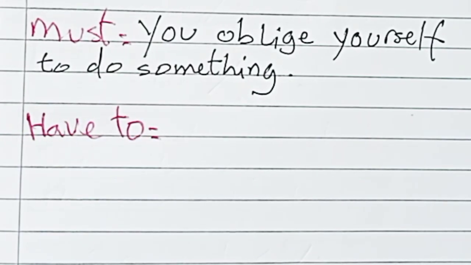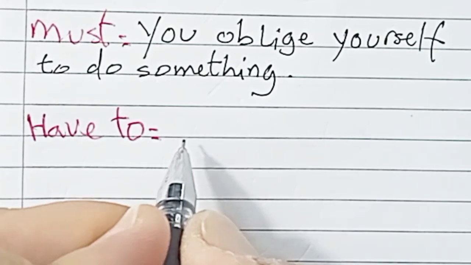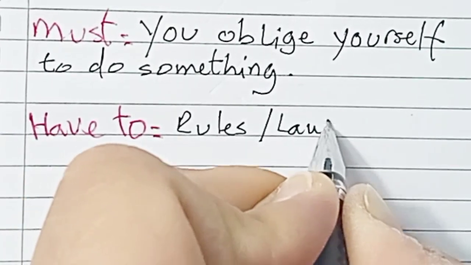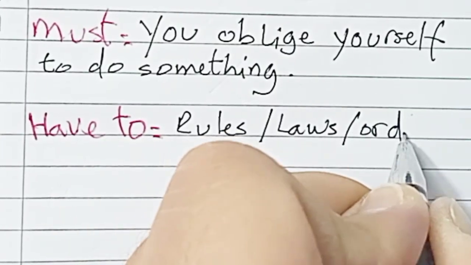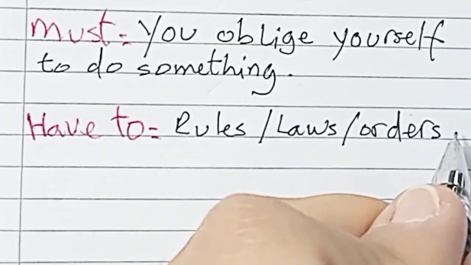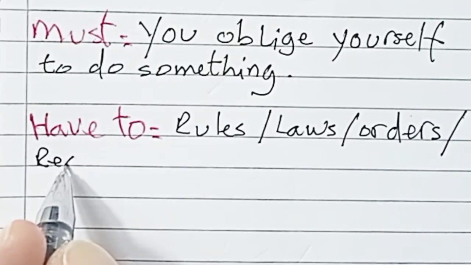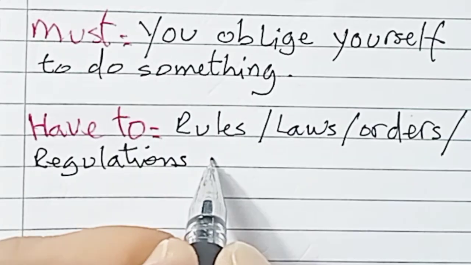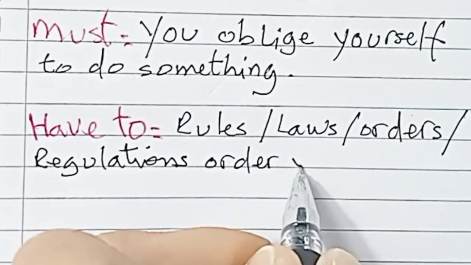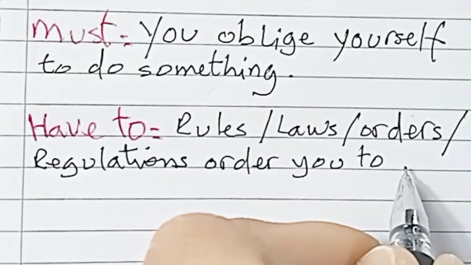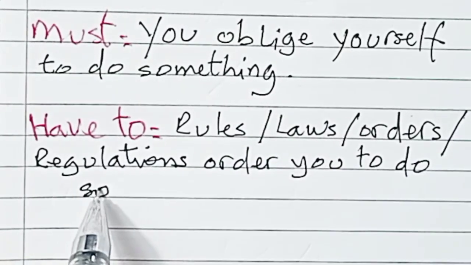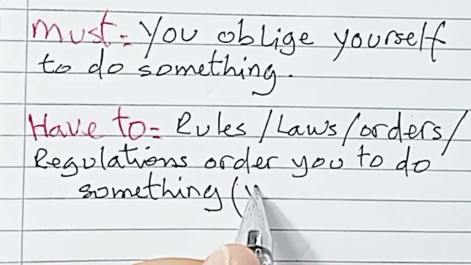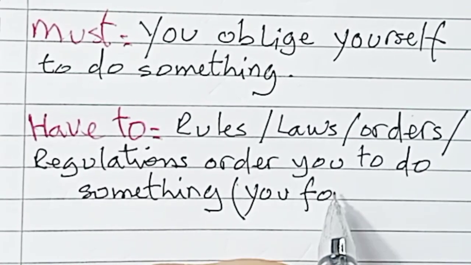There is another one, which is have to. Have to means the obligation comes from outside. It can be from rules, laws, orders. Someone orders you to do something, or regulations. And paying bills in general, you are obliged to do that.